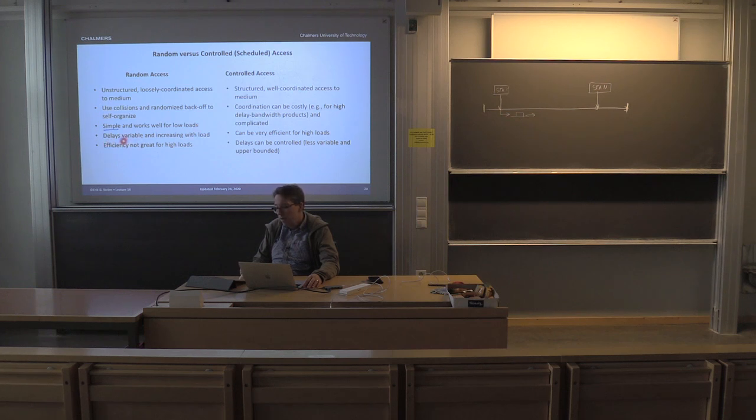Delays are variable, however, and increase with the load, which is a drawback. And efficiency is not great for high loads. Controlled access, on the other hand, is structured, well-coordinated access to the medium. So we typically have fewer collisions here. However, this comes at a price.